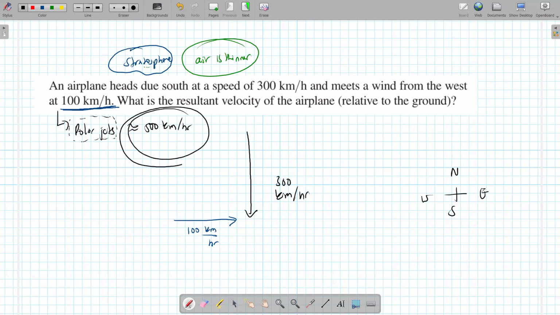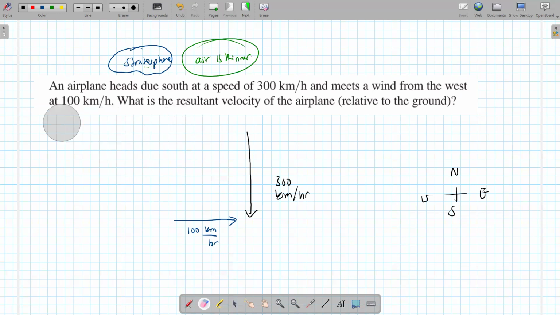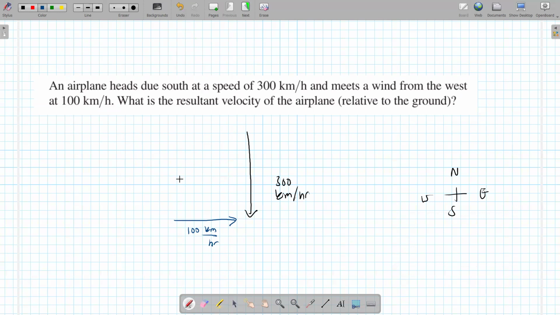So basically the point is turbulence on a plane is normal and expected. Sometimes it can be pretty bad, but you're fine. Turbulence doesn't bring a plane down. Not to say that it hasn't, but it shouldn't. If you have a good pilot, then turbulence is whatever.